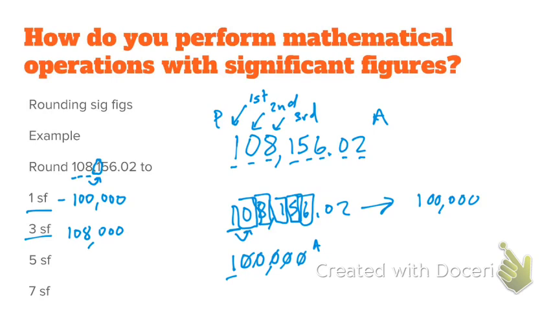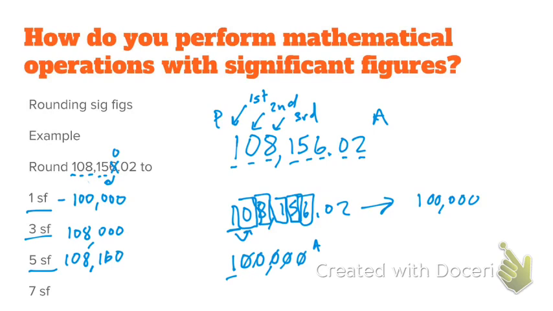Now 5 sig figs. So the 5 sig figs I'll keep, let me go ahead and erase this, are 108,15. Now I look at the next number. The next number is greater than 5, so I'm going to round this up. So I have 108,1, and then the 5 I need to round to a 6, and then I replace the remaining digits with 0.